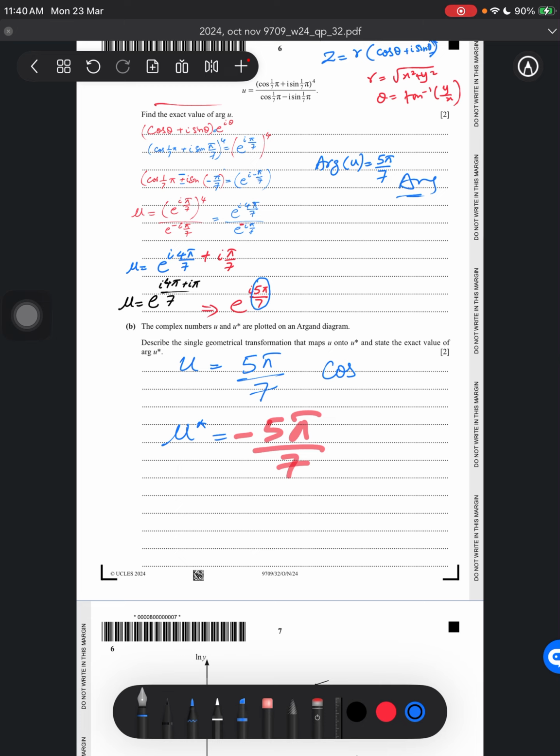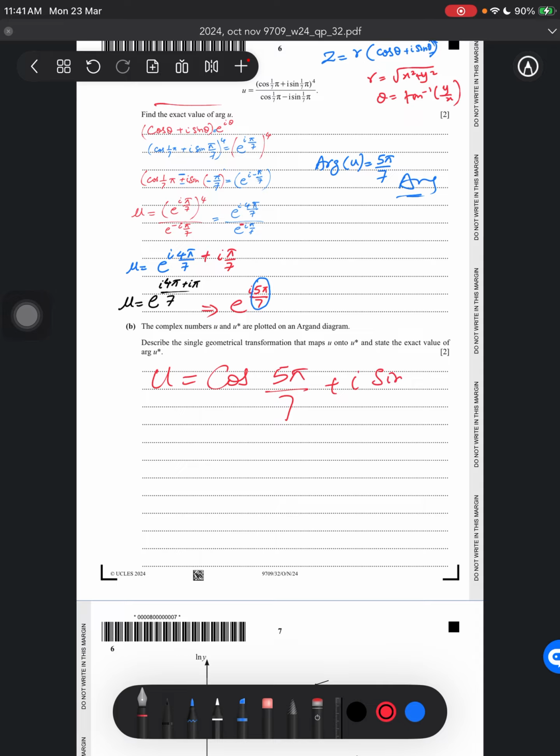Taking u with an argument of 5 pi by 7, it is cos of 5 pi by 7 plus iota sine of 5 pi by 7.